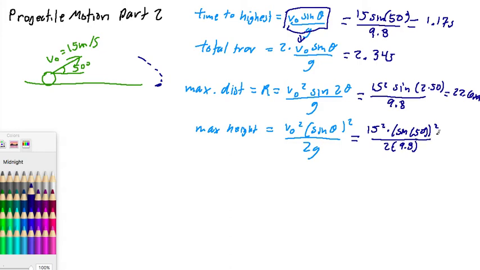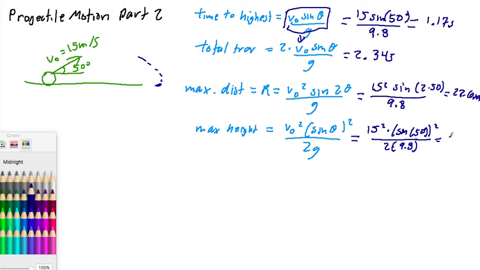Again, make sure you pause this video and you're getting the same values I am getting, because a couple students have had a problem where they just divide this and then multiply it by this without the parentheses, and what they're doing there is saying, do the top divided by 2 and then multiply whatever I have times 9.8, when in reality you want to divide by 2 times 9.8, which is 19.6.